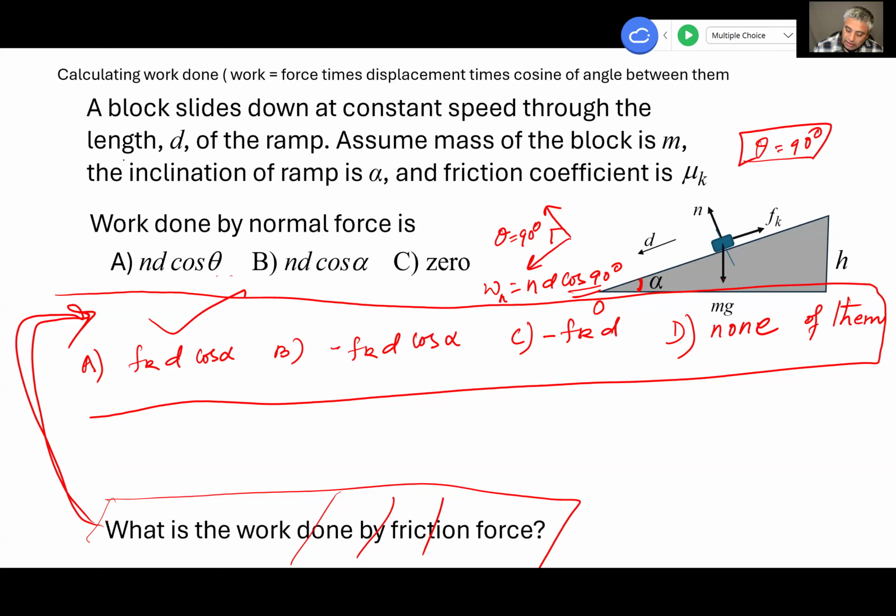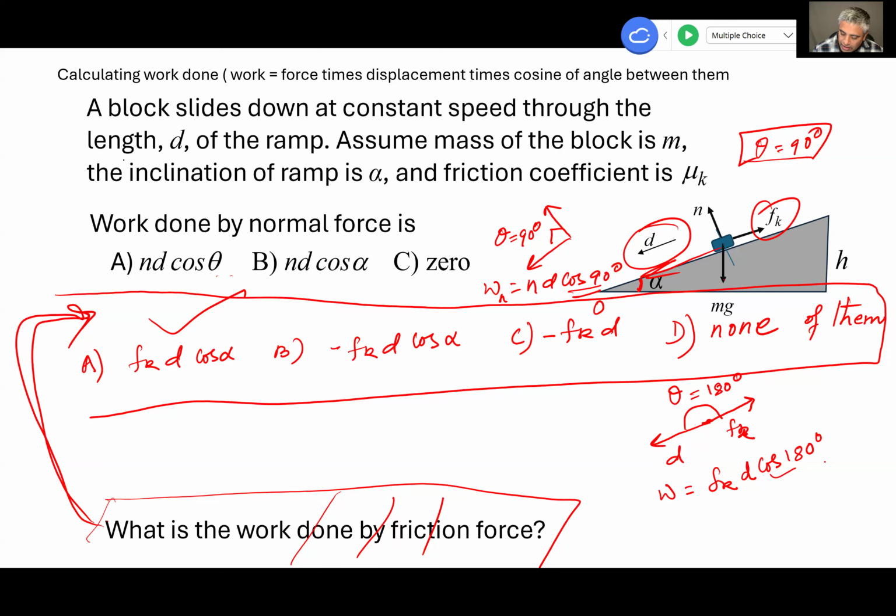Interesting. So F is along the plane in that direction, as we can see here, and D is along the plane in the opposite direction. So the angle between them is 180 degrees. The work done by friction force is the friction force times displacement times cosine of the angle between them.